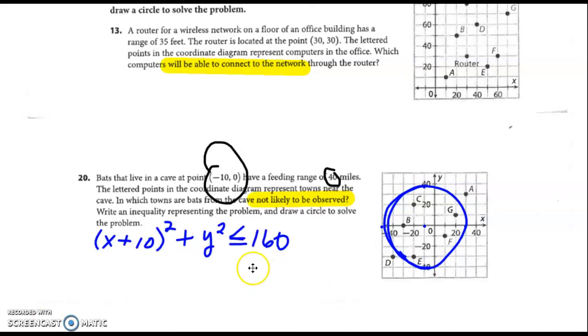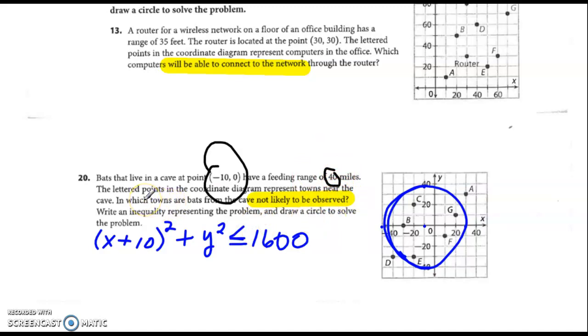Should we say a lot? 1600, yeah, because 40 squared would be 1600. So center (-10, 0) would be written (x + 10)^2 + y^2 less than or equal to 40 squared, which is 1600.